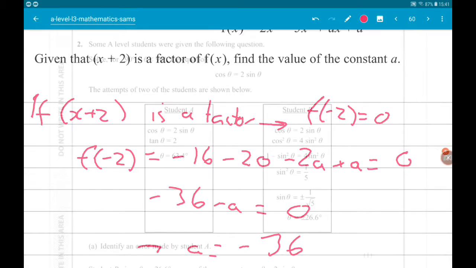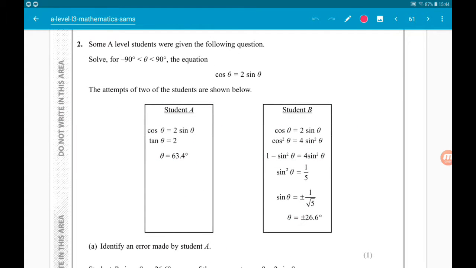36. Okay, number 2. Some A-level students were given the following question. Solve for theta between minus 90 and 90, cos of theta is equal to 2 sine theta. The attempts of 2 of the students are shown below.